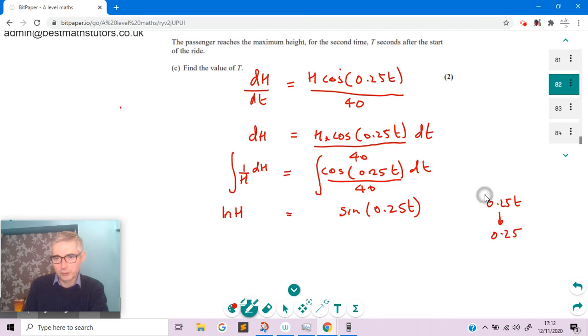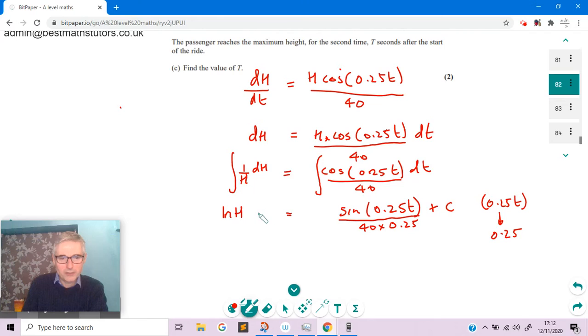I can only do this if it's linear, and 0.25t is linear, so I divide by that result. I've already got 40 in the denominator, so I multiply the denominator by 0.25. And now I'm going to add a constant there.